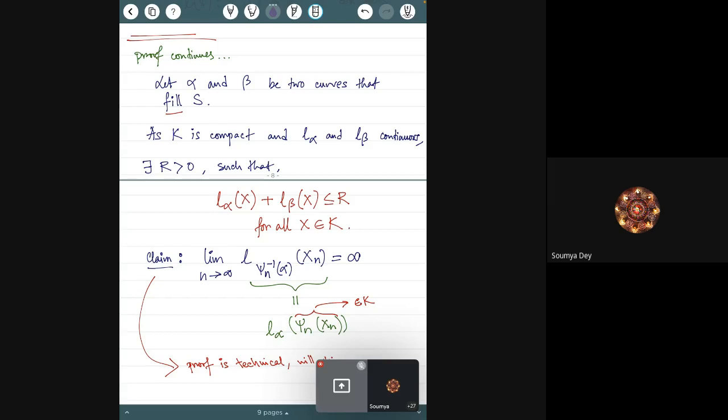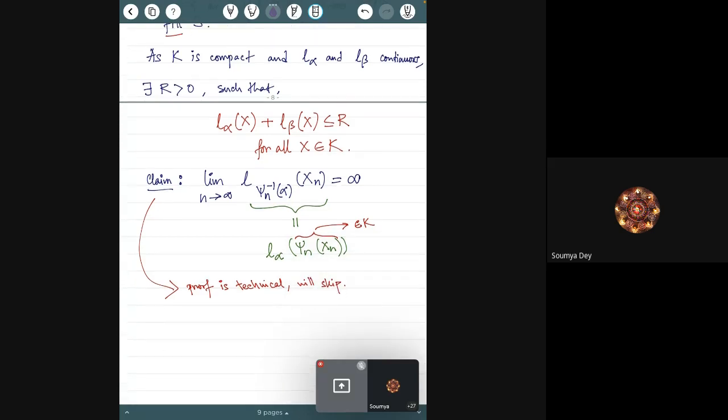Now, this part I'll not be proving. It's a claim that you can show: if you consider L of psi n inverse alpha, this is a curve, right? And of xn, this diverges. And this is basically equal to L alpha of psi n of xn, and this psi n of xn is coming from your K, right?